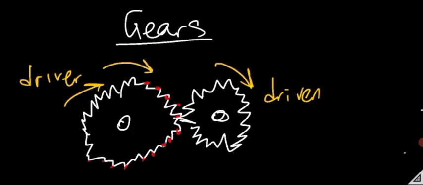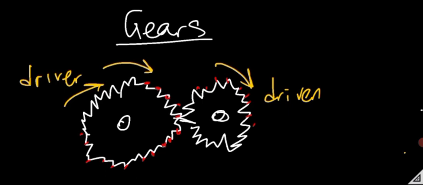These are the number of teeth for the driver gear, and these are the number of teeth for the driven gear. So what happens is that velocity ratio is distance moved by effort over distance moved by load.